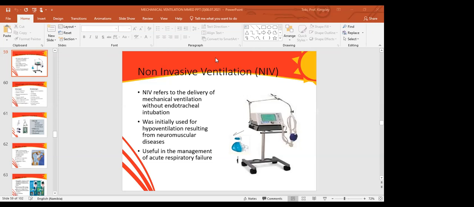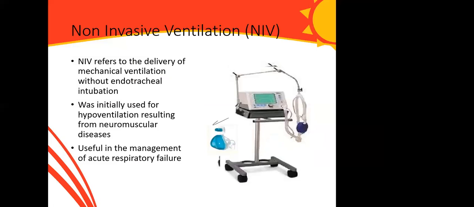It was initially used for patients who are hypoventilating due to neuromuscular disorders, and it has been found to be very useful in acute respiratory failure without the complications associated with endotracheal intubation or tracheostomy. So non-invasive ventilation is a very good armamentarium in our ventilatory support for our patients, especially those who may not require an invasive airway.